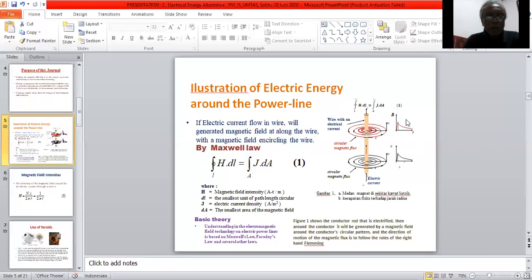The intensity of the magnetic field is lowest on the outer circle of the electrical wire.